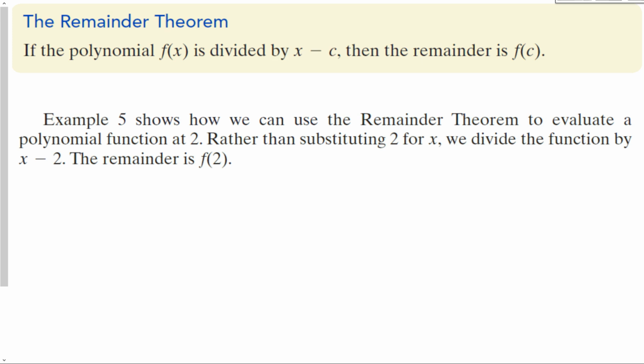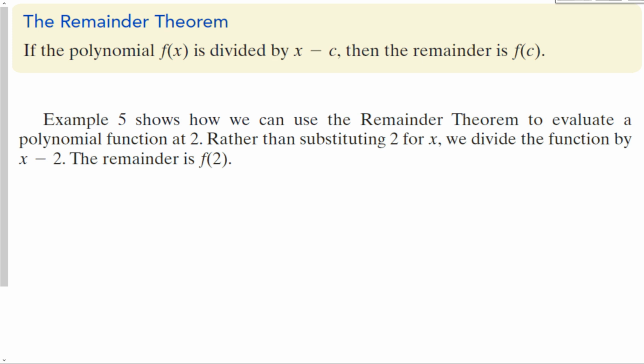And our next example, example 5, shows how we can use the remainder theorem to evaluate a polynomial function at 2. You could, of course, do the longer method of plugging into the function, evaluating everything at 2. But if the numbers get a little bit bigger and maybe you don't have a calculator, it might be tough to cube or raise something to the 4th power.